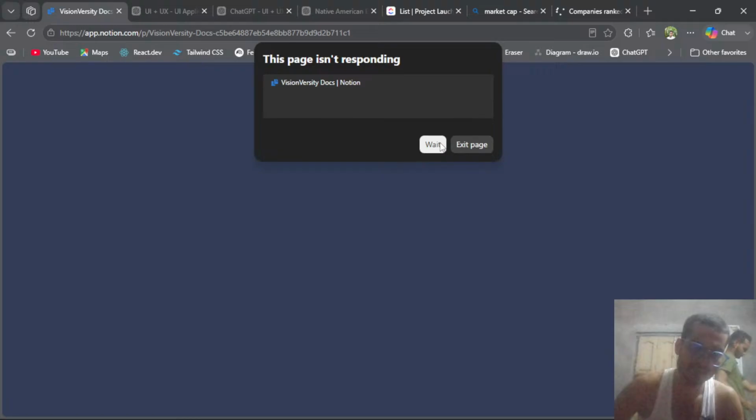If you're working on a very complex project, it needs a lot of cognitive power, and we have limited cognitive power. So I'm fully focusing on this project right now. That's why I'm just managing my project this way.